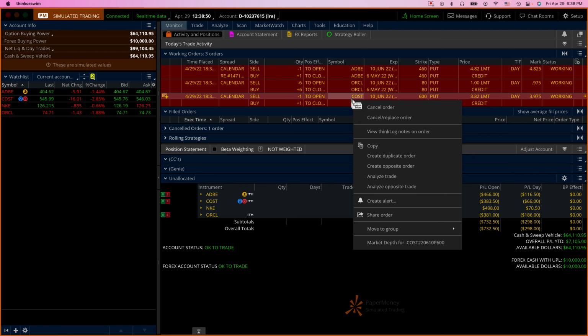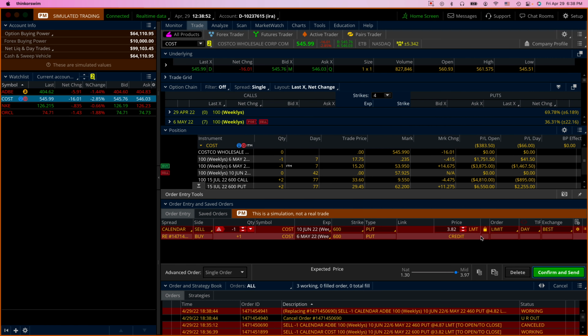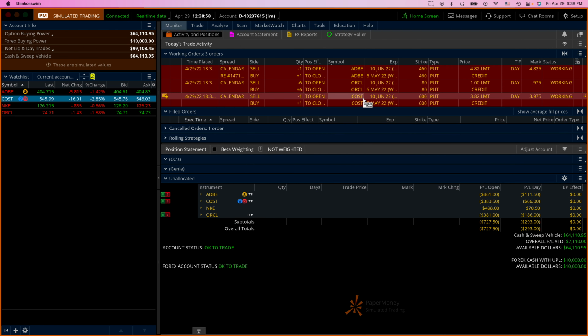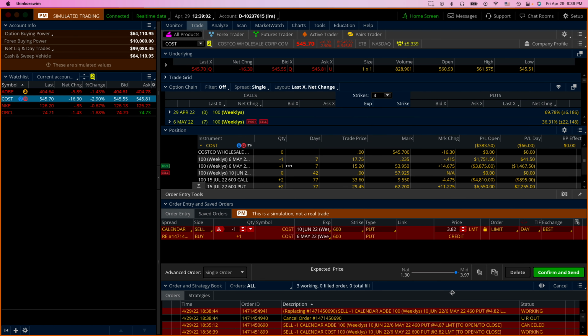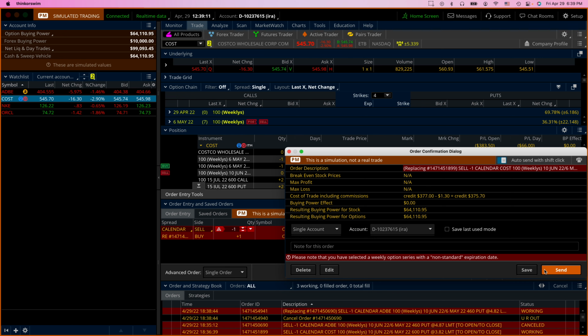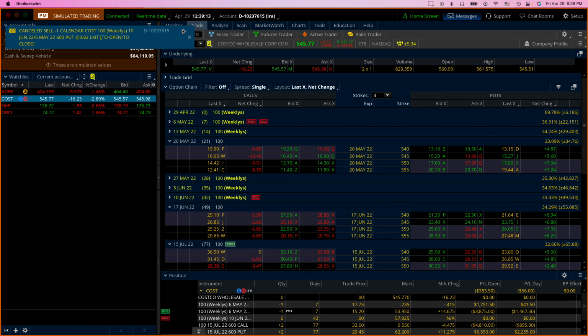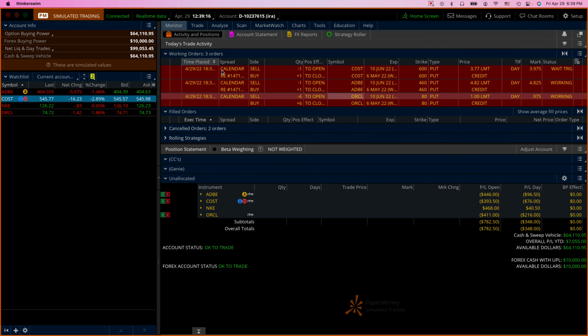Do the same for every position. Cancel replace, unlock it. No, this is different, because with cancel replace, I want to actually lower it by 5 points. And I will keep on doing this until they get filled today.